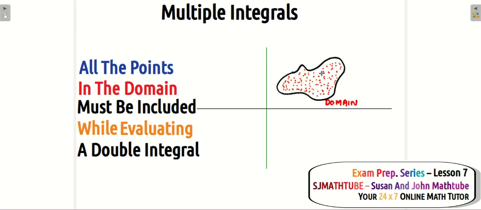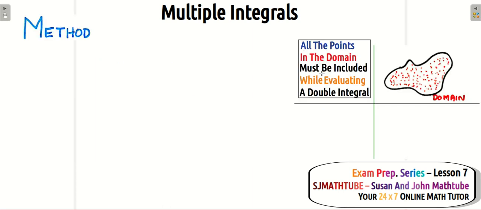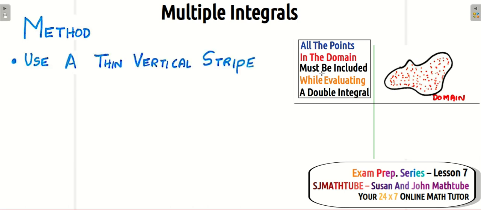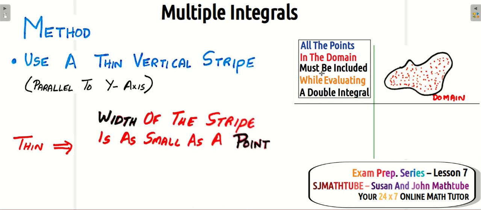Now that's our challenge, and for that what we do is we use two methods. One is called vertical stripe method and the other is called horizontal stripe method. So the first method, you use a thin vertical stripe, and vertical stripe in the sense it should be parallel to the y-axis, and thin, you can imagine the width of that stripe will be so small that the width will be like a point.